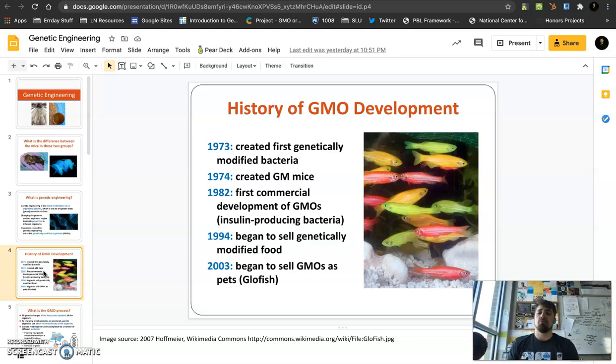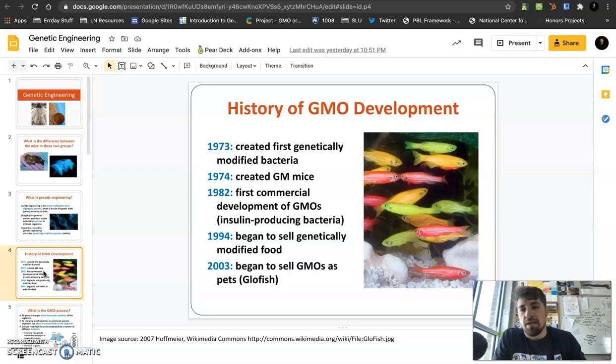So just to give you a little background, this has been in process for a while as far as how we can use this. Back in the 70s is where this really started, which, if you think back to the history of DNA, is about 15, 20 years after we discovered what DNA really looks like that we started to be able to manipulate it.